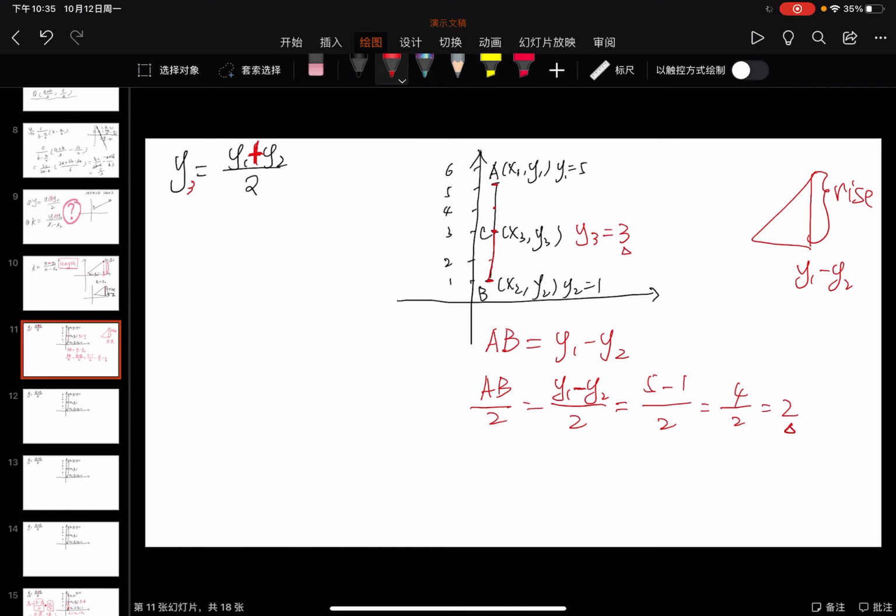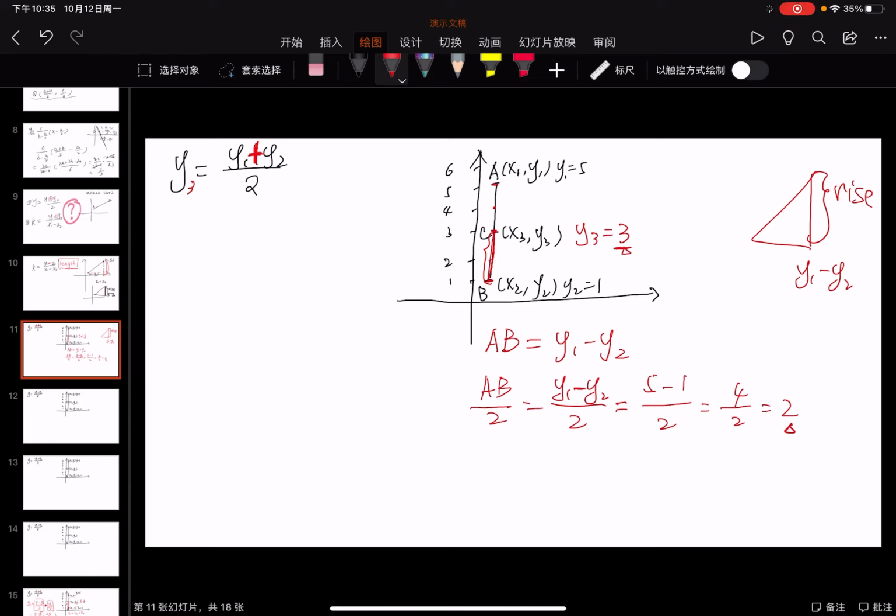It's different. Where does the difference come from? We can say the 2 is only half of the length of the segment.